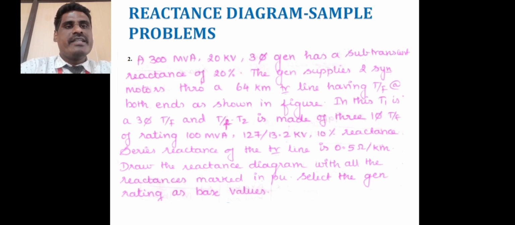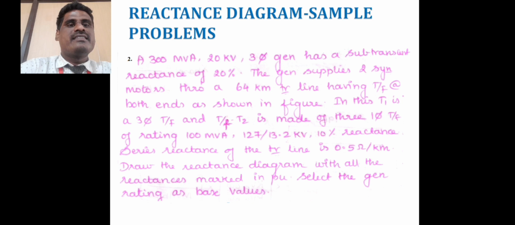In this problem, the 3-phase generator has 300 MVA, 20 kV, and a reactance of 20%. At the same time, the transmission line length is 64 km, so the line reactance is 64 times the reactance per kilometer. Next, the two transformers, transformer 1 and transformer 2, are different.